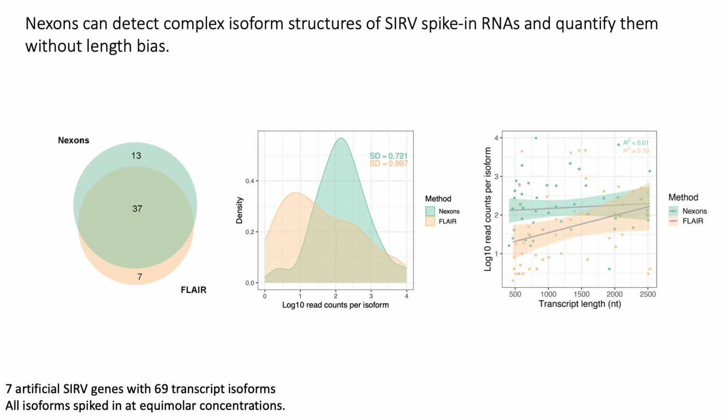Then we checked if there is a bias in detecting isoforms according to their transcript length. Correlation between the quantification and the transcript length suggested that FLAIR has a slight bias in detecting the isoforms with a longer transcript length, while we couldn't see the same kind of bias in Nexons.